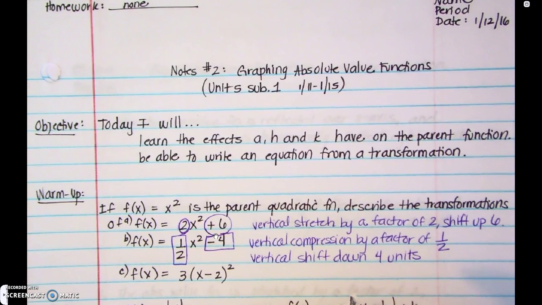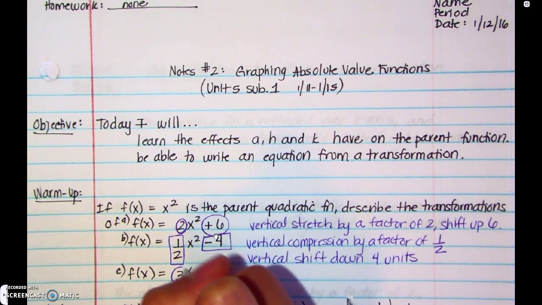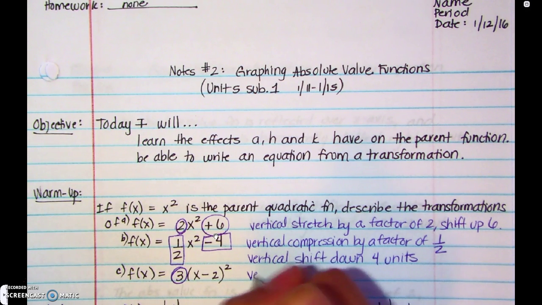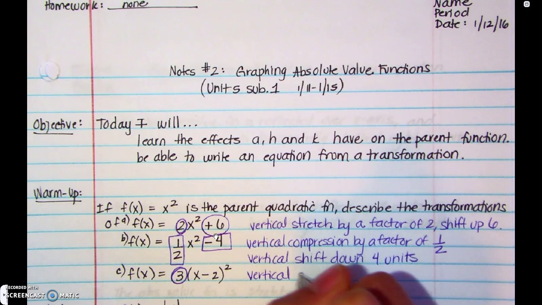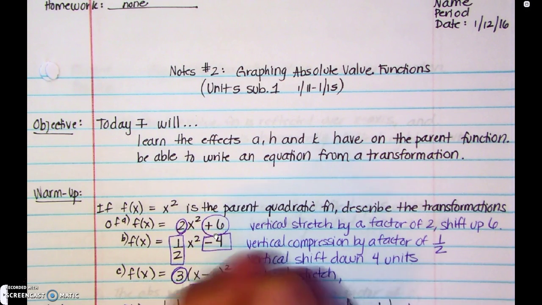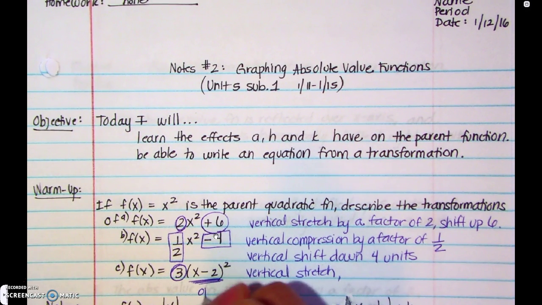Okay, and then the last example of the warm-up is if you have 3 parentheses x minus 2 squared. Well, by now you should be a pro. You know that the 3 on the outside of the function is a vertical stretch or compression. That's correct. It should be a vertical stretch. And then this is actually inside of the parentheses. Anytime you have something inside of the parentheses or inside the absolute value function, it's going to be the opposite of what you see.